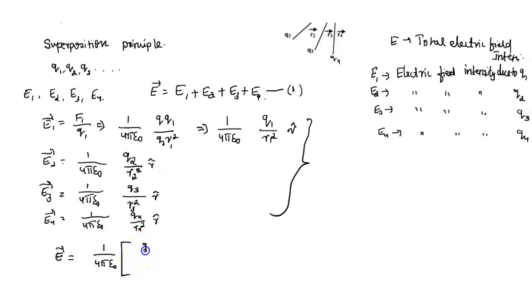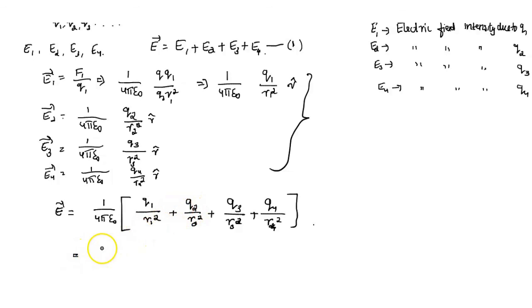The remaining expression is Q1 divided by R1 square plus Q2 divided by R2 square plus Q3 divided by R3 square plus Q4 divided by R4 square.